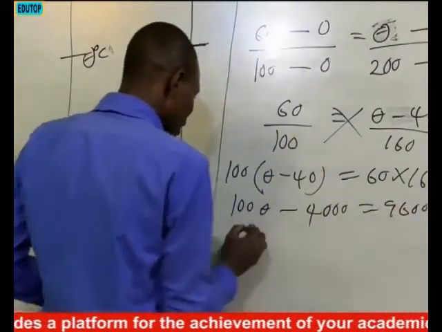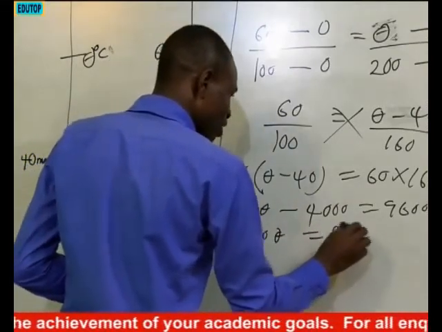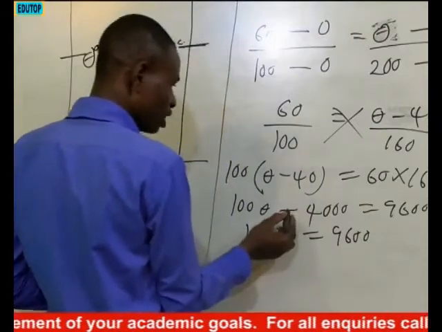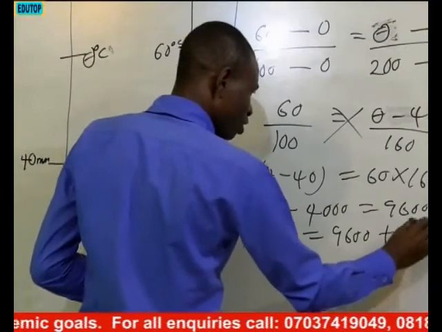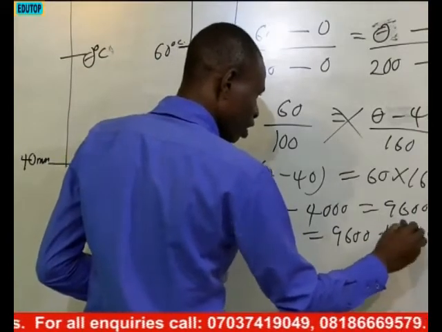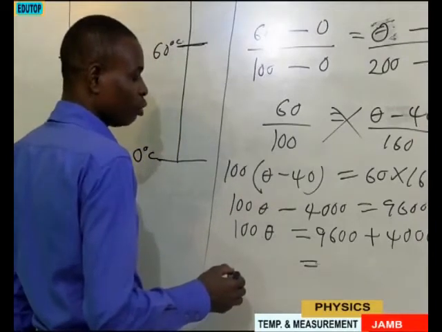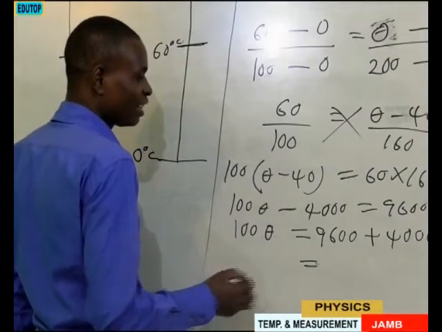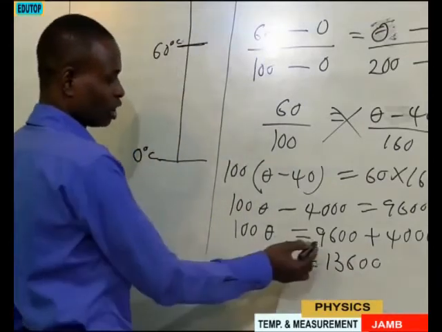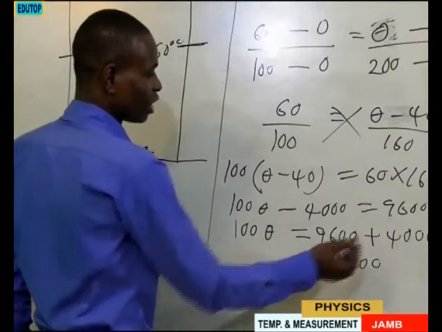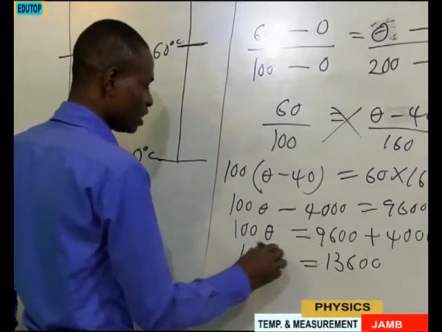So that 100 theta will be equal to 9,600. This is minus rather, it will become plus 4,000. And if we add this together, we are going to have 13,600, which is still 100 theta.